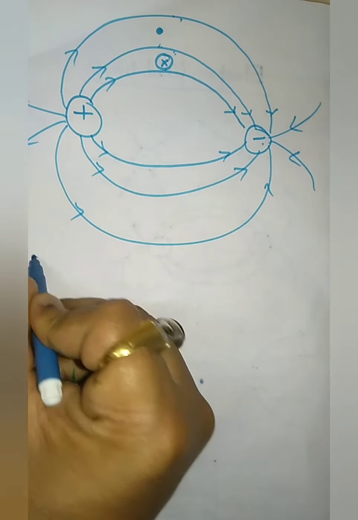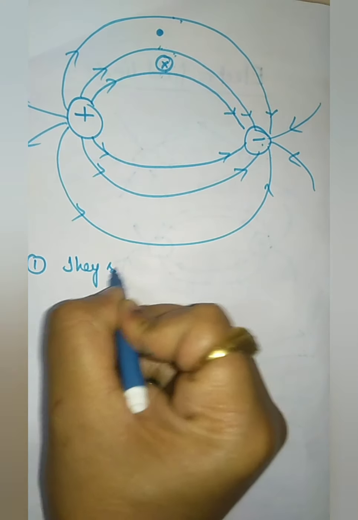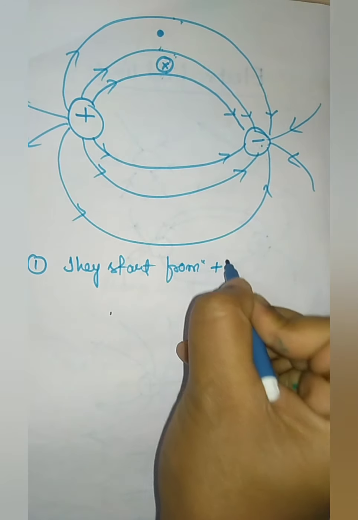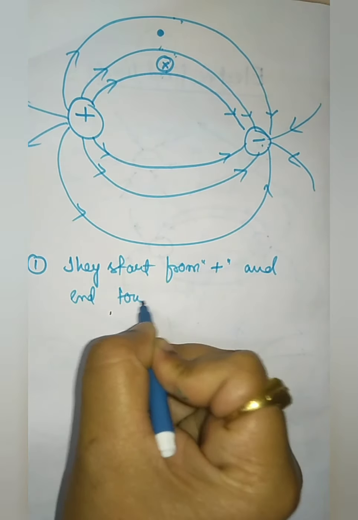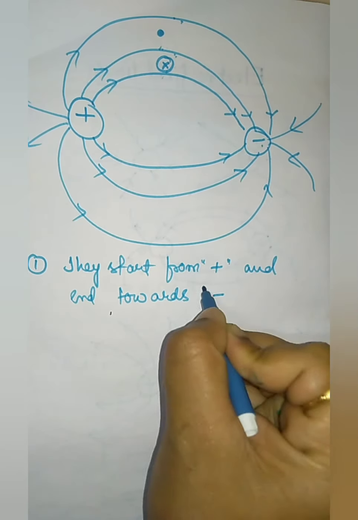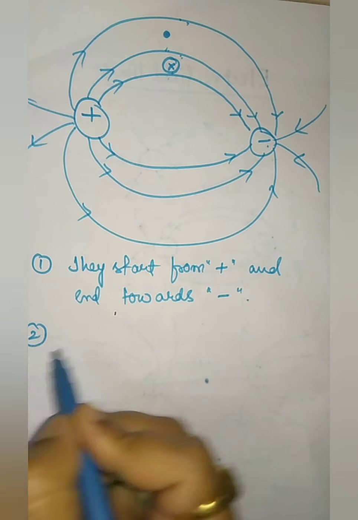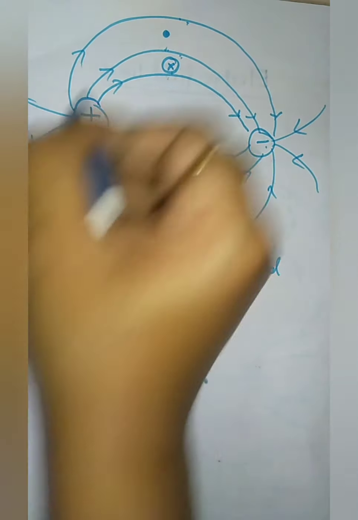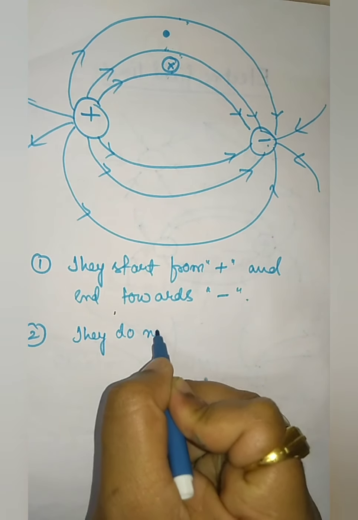Now what are their basic properties? The first property you already know. They start from positive and end towards negative. The second, since they start and they end, so ये सब क्या है? Close नहीं है ना? They are not closed, so they do not form closed loops.